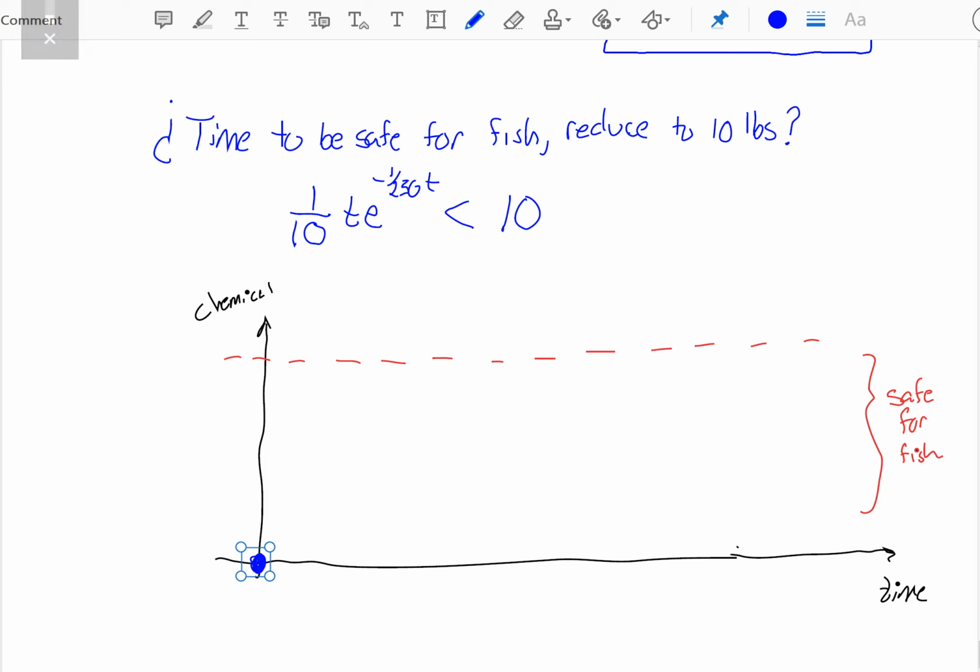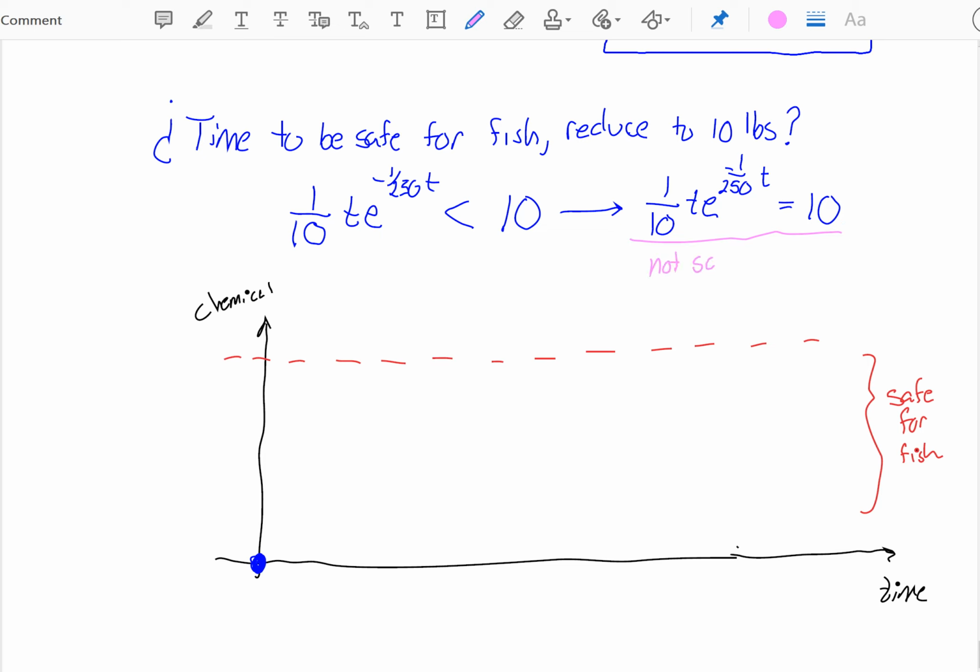Now, algebraically, we have a problem. Even if I were to set this equal to 10, to find out when it's equal to the unsafe level, this is not a problem we know how to solve.